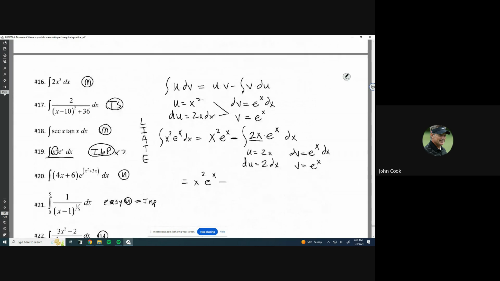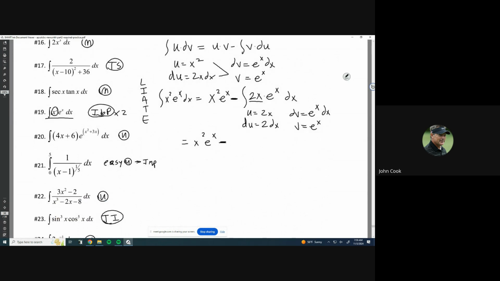But since I have a minus sign right here, it's going to be distributing on this whole integral. So what I'm going to do is put a parentheses up here and then do my integral, because 2x e to the x uses this uv minus the integral of v du. So u times v, which is 2x e to the x, and then minus the integral of v du. So that's going to be e to the x times 2 dx. And I'll move the 2 in front of the e to the x.